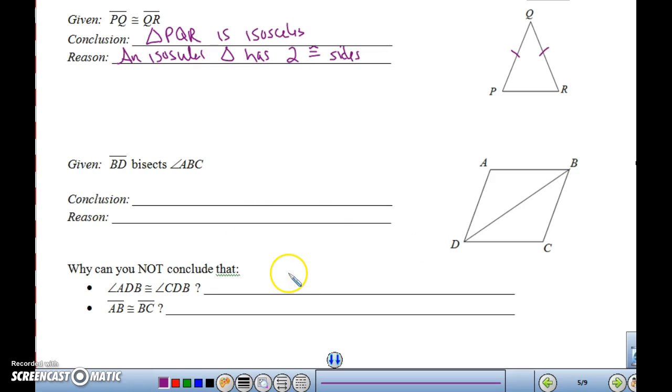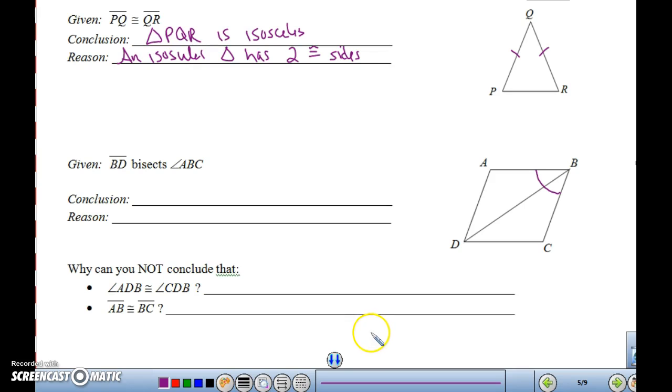Now, you have to be very careful about what you're given when you're doing these kinds of problems. If you are given that BD bisects angle ABC, all right, so you have an angle ABC, which is right here, and then we have segment BD that bisects that angle. Now, what does a bisector do?